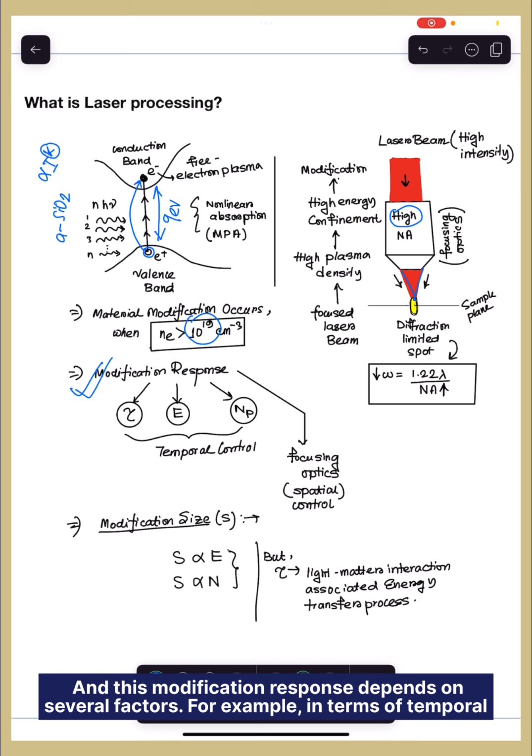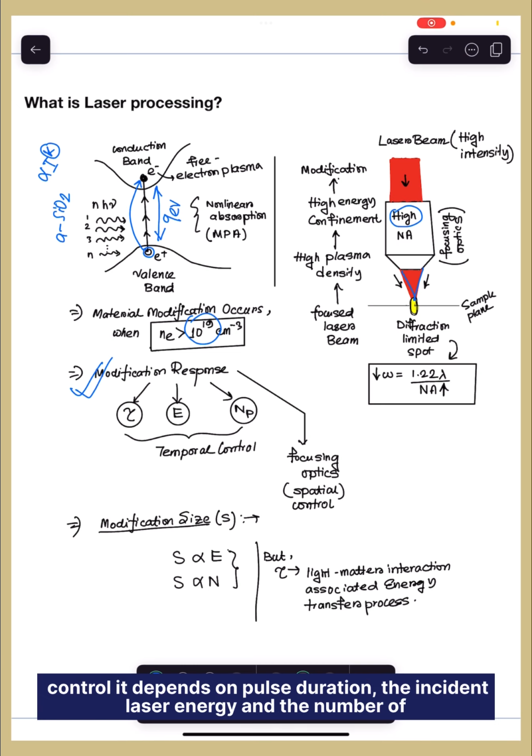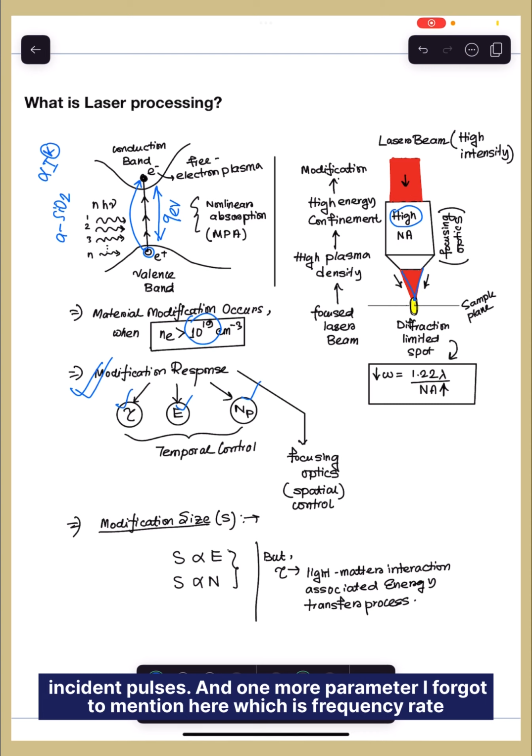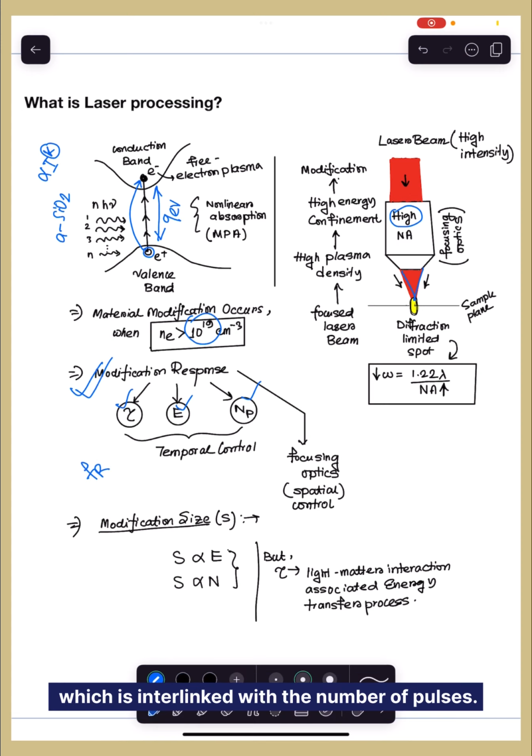For example, in terms of temporal control, it depends on pulse duration, the incident laser energy, and the number of incident pulses. And one more parameter I forgot to mention here, which is the repetition rate, which is interlinked with the number of pulses.